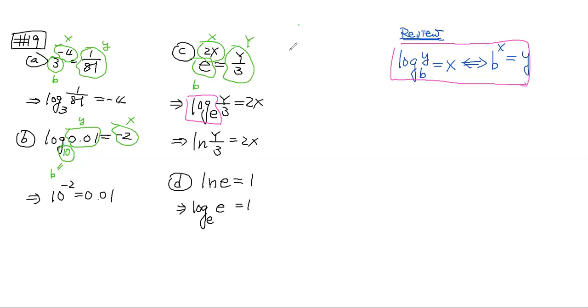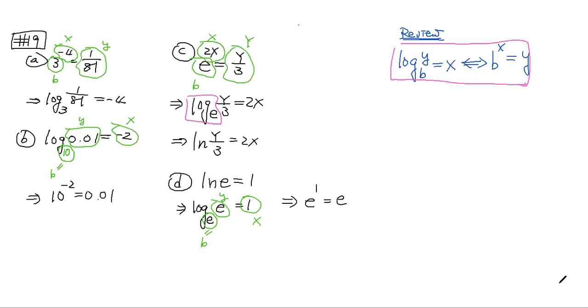So you can say this is my b, this is my y, and this is my x. Now you can rewrite it as b to the x: e to the 1 equals e. That's pretty easy, right?